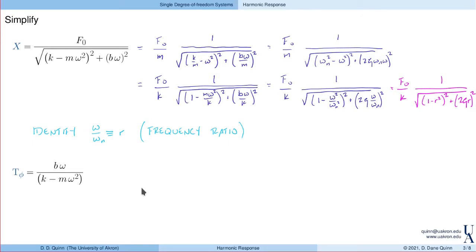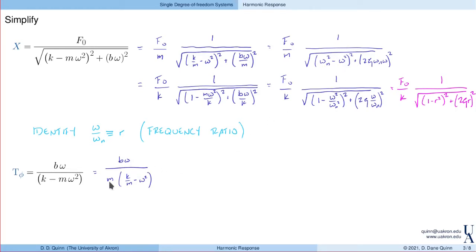Now let's do something similar for the phase. Let's factor this m out of the denominator. So we have m, this becomes k over m minus omega squared, and the numerator will just stay the same. But once again, we can write this in terms of the natural frequency and damping ratio.